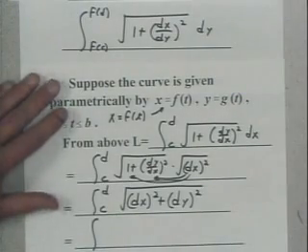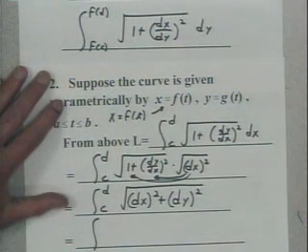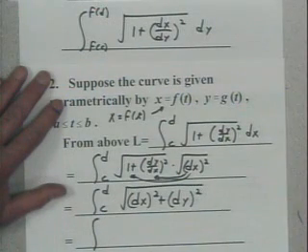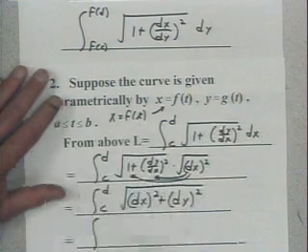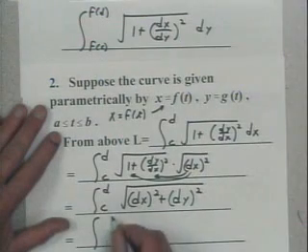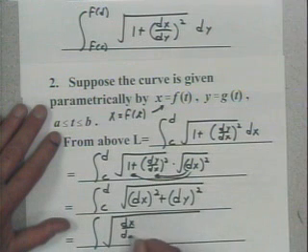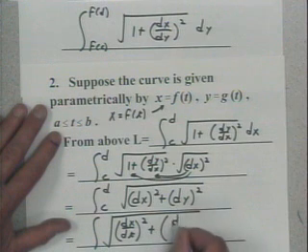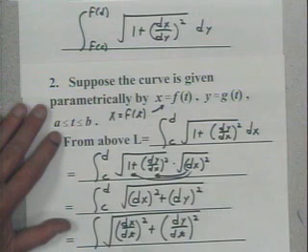So what is the dx then? Well, we've done that before. Dx would be like doing f prime of t, right? So in this particular case, I can write it as the square root of dx over dt squared plus dy over dt squared.